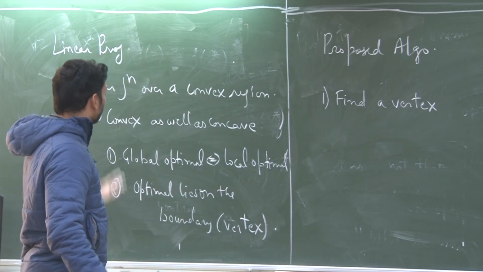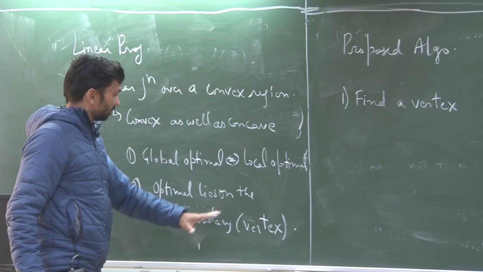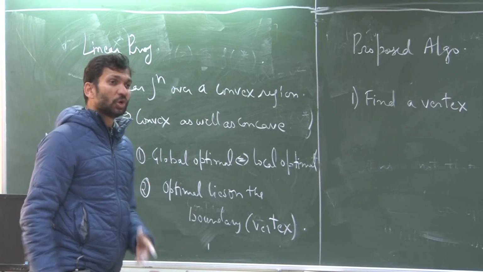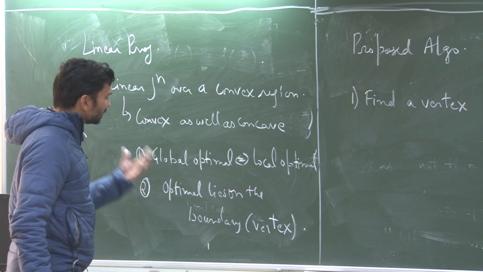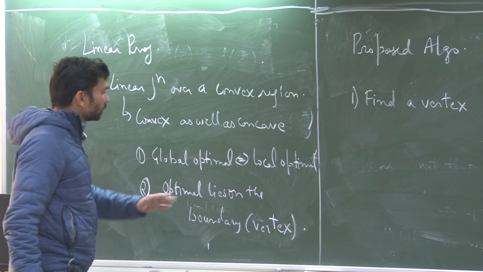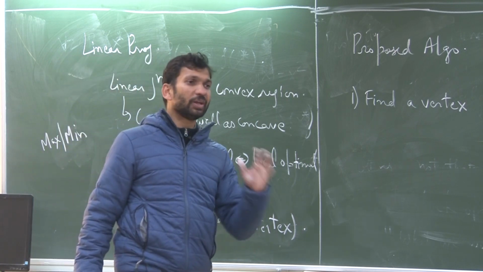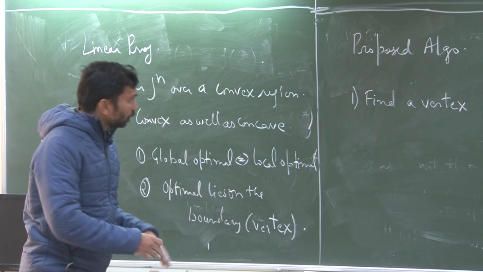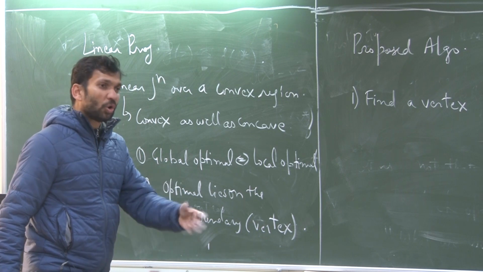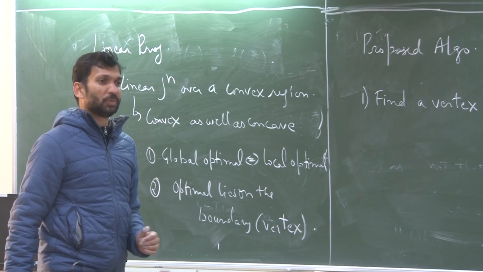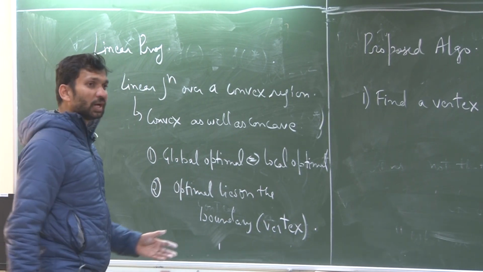Obviously, we are interested in comparing the value of our function on all the vertices. Actually, let's talk about this. We know that optimal lies on the boundary. I give you a very simple algorithm. Look at all possible vertices. Look at all possible values on those vertices. Find the optimal. That is going to give you the answer.